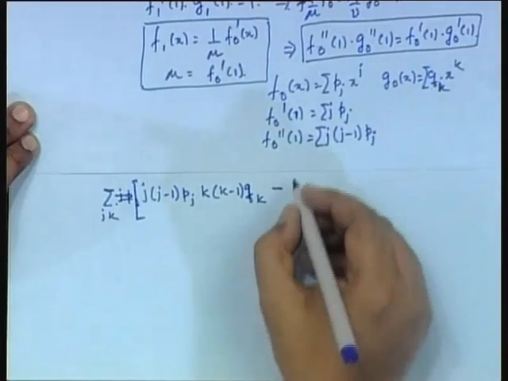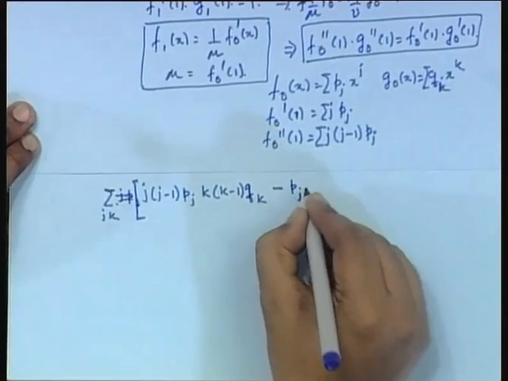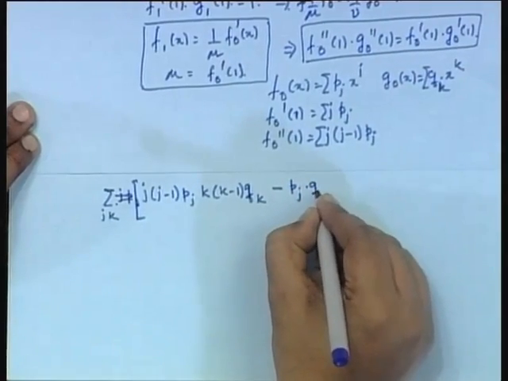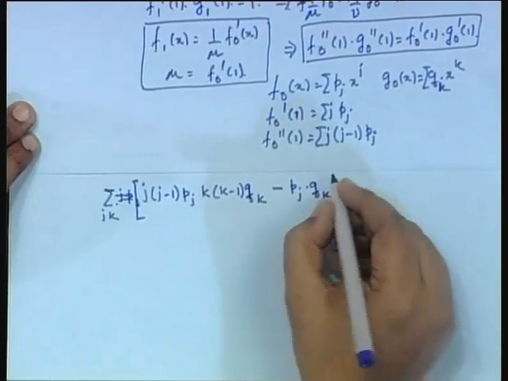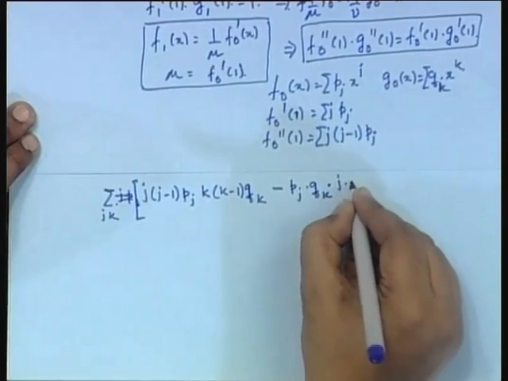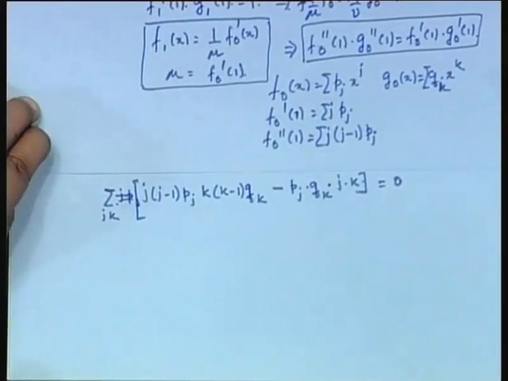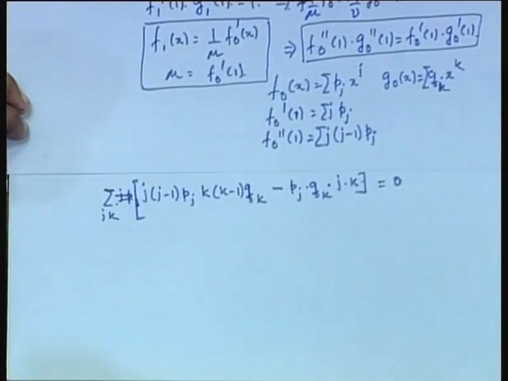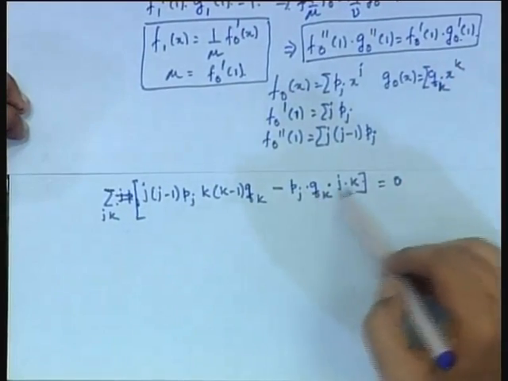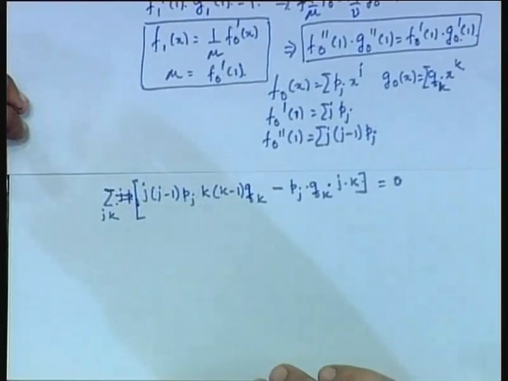I took the summation overall and took this side. This is Pj into Qk into j into k is equal to 0. I just multiplied everything together.